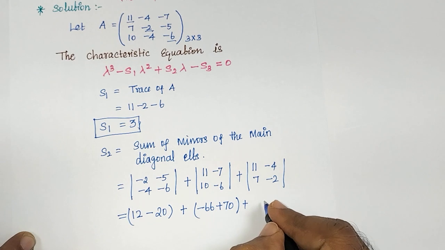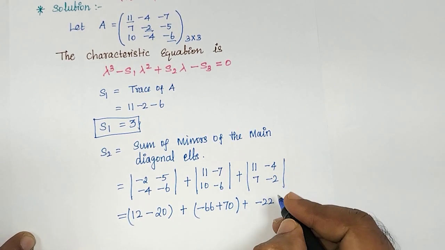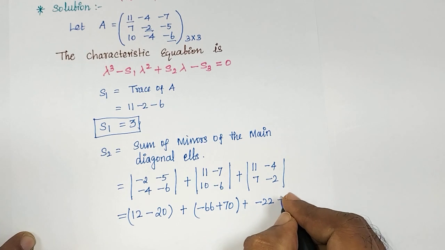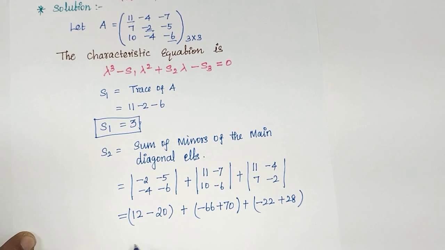And plus 11 into minus 2 minus 22, and 7 into minus 4 minus 28, already minus, so plus 28. And simplify this: minus 8 plus 4 and plus 6. I will get S2 equal to 2.